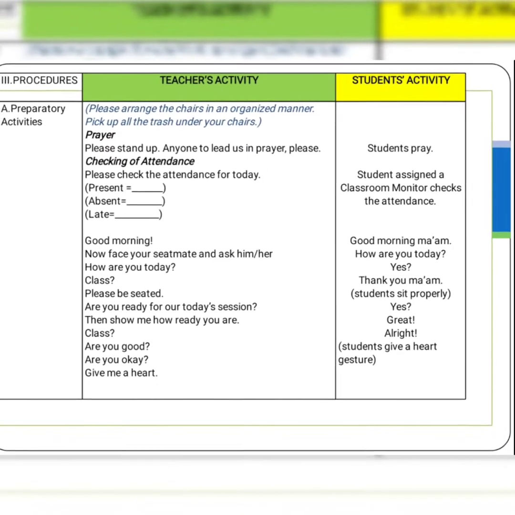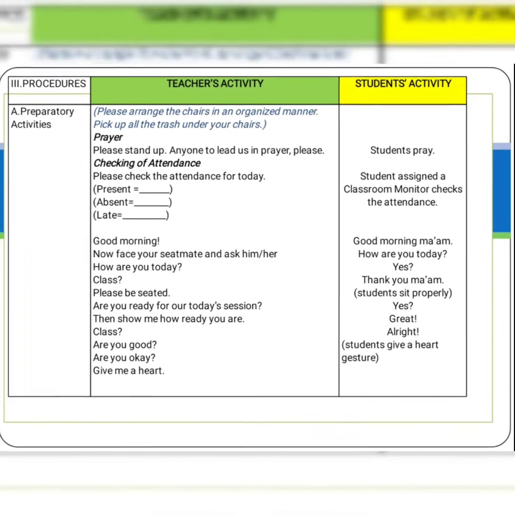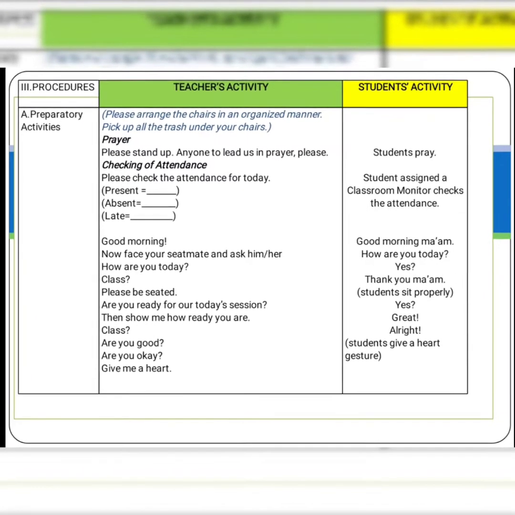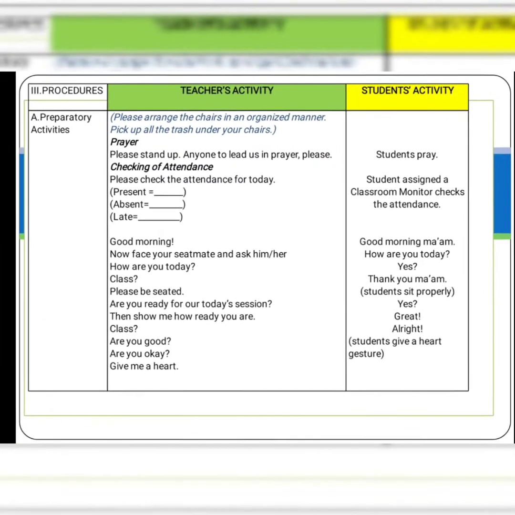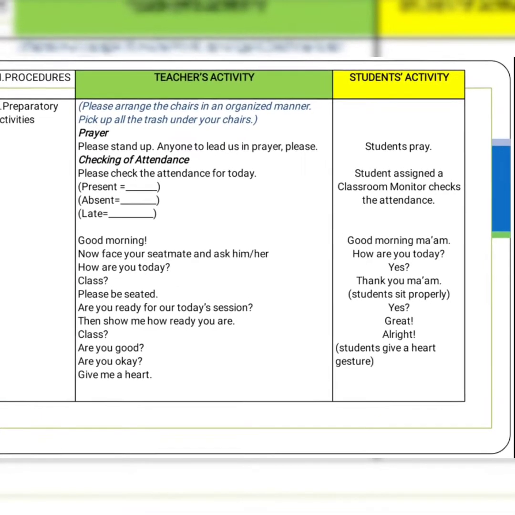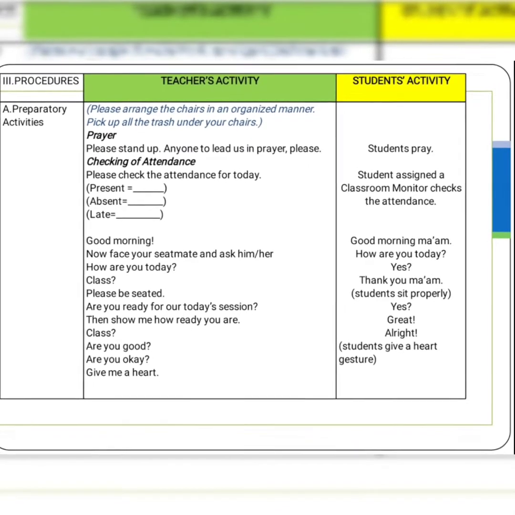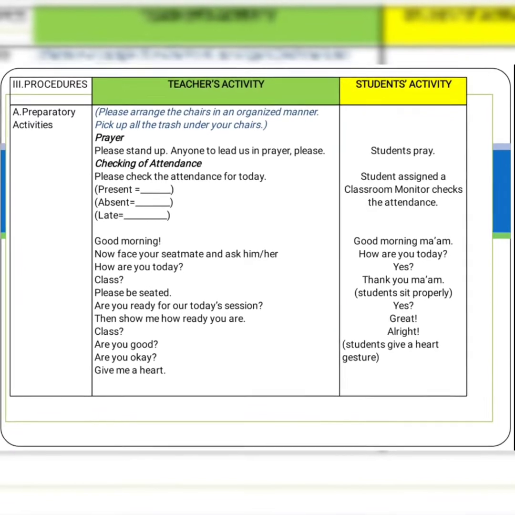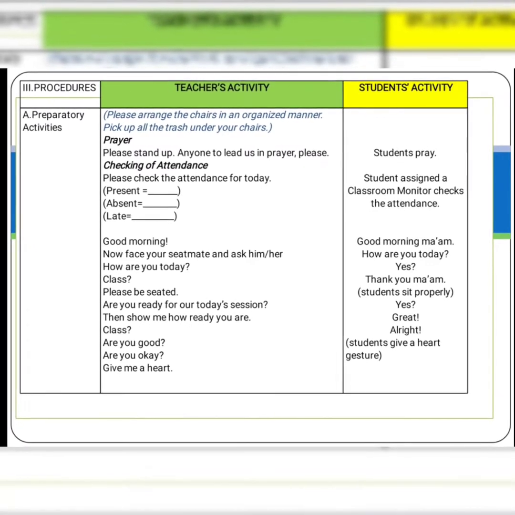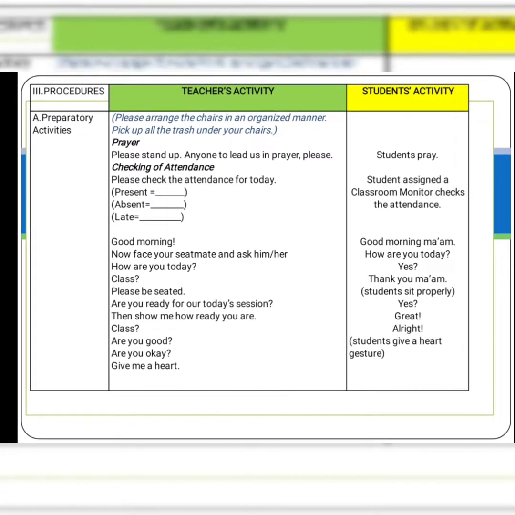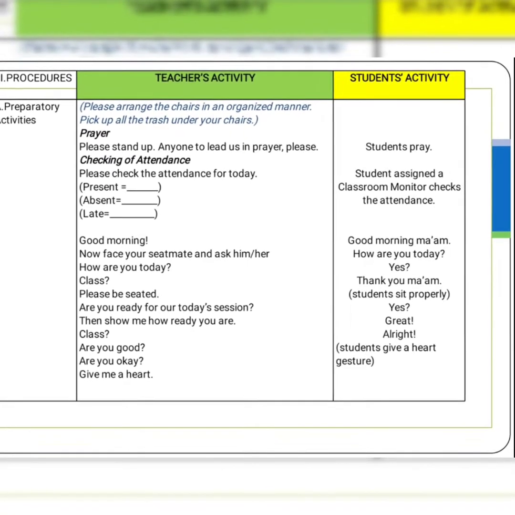For example, in teacher's activity, the apostrophe should be in between R and S. For students naman, because they are many, we place the apostrophe after the S. So don't forget that.